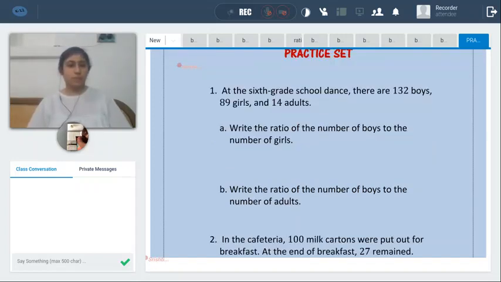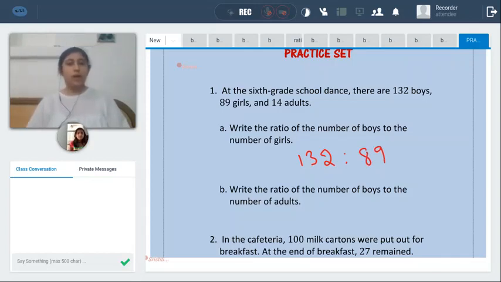It's fine, I already wrote it down on my paper. Okay, fine. So the question is, write the ratio of the number of boys to the number of girls. It's 132 to 89. Right, the answer is right.